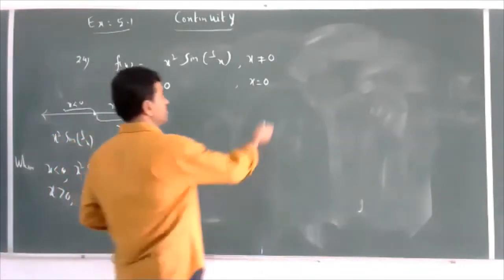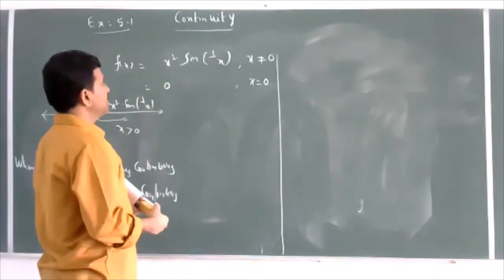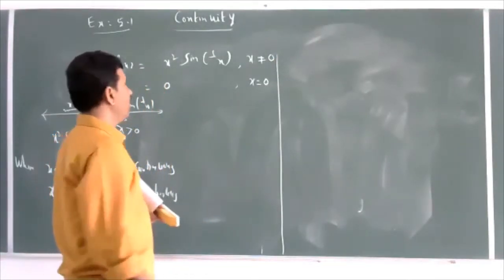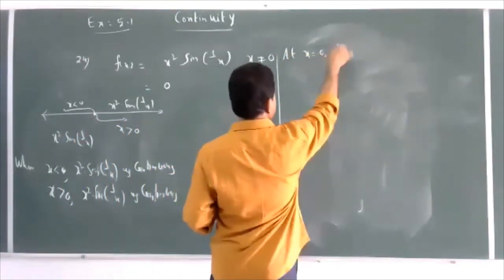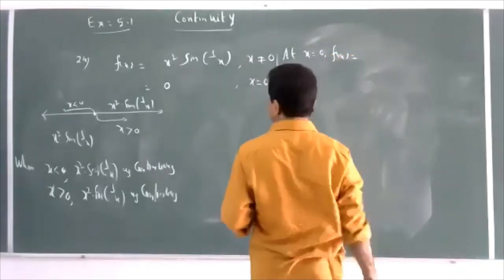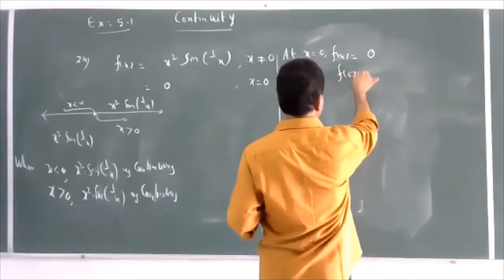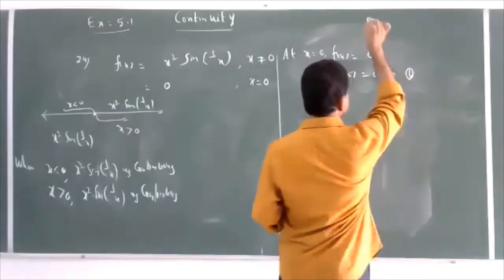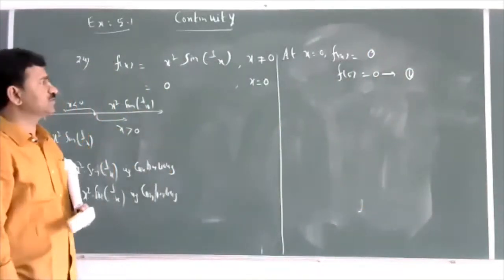At x is equal to 0, f of x is equal to, what is the function value? 0. So f of 0 is 0. Let this be equation 1.